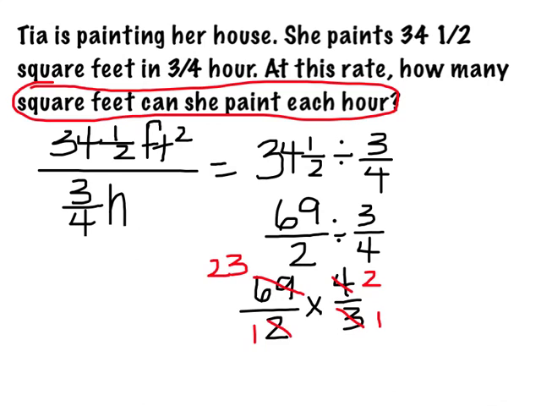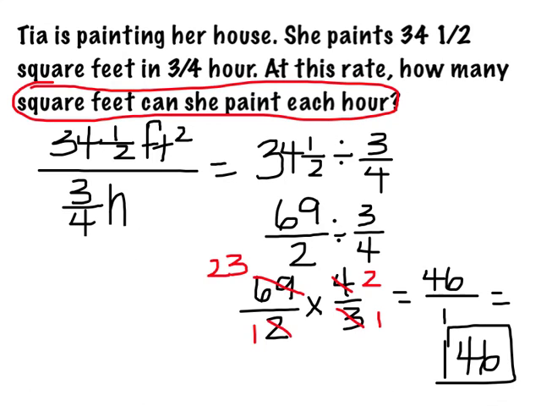Now I'm multiplying straight across with these new numbers. 23 times 2 is 46. 1 times 1 is 1. This can be simplified. 46 divided by 1 is 46. So Tia can paint 46 square feet each hour.